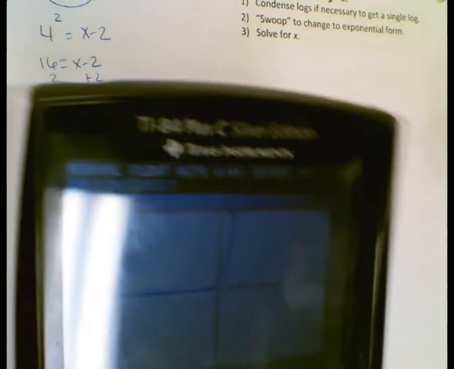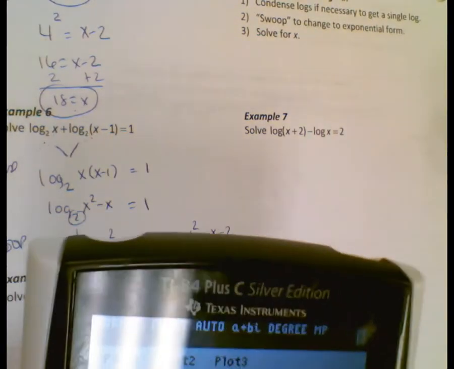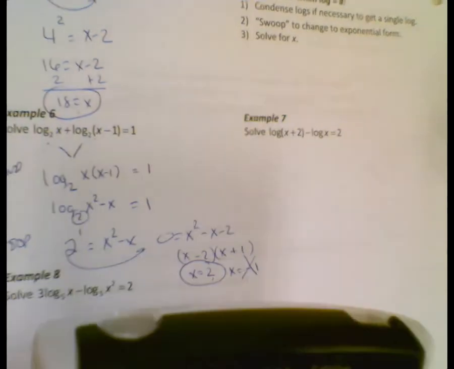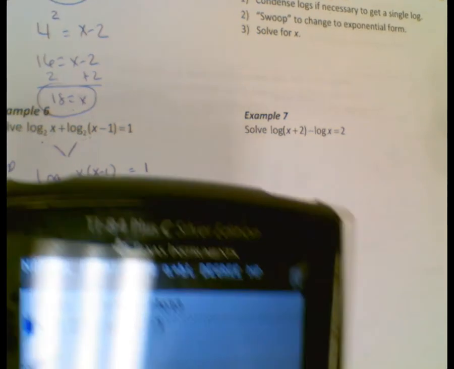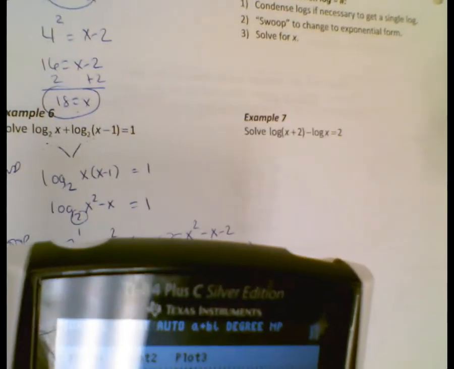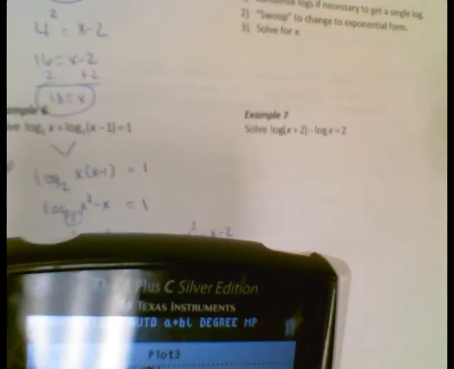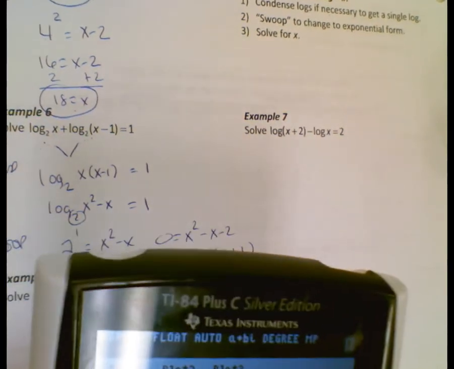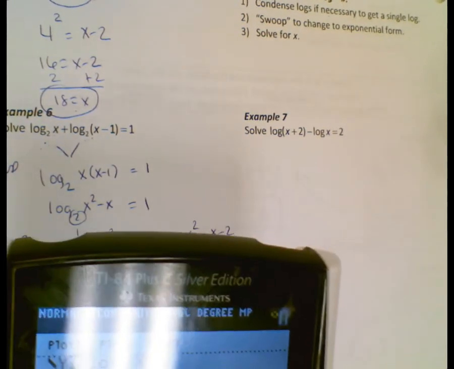You curious about what that looks like on the calculator? Let's look. Alpha window 5, 2, x. There's the first one. Oops, that x doesn't go there. Delete. X goes here. Plus alpha window 5.